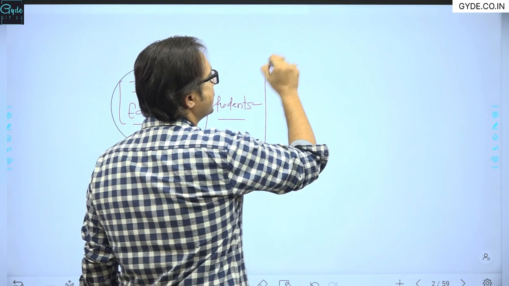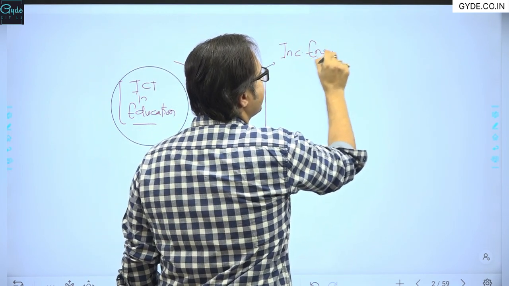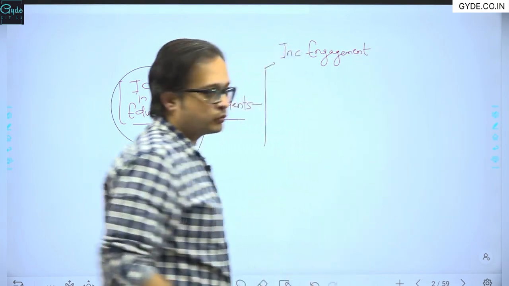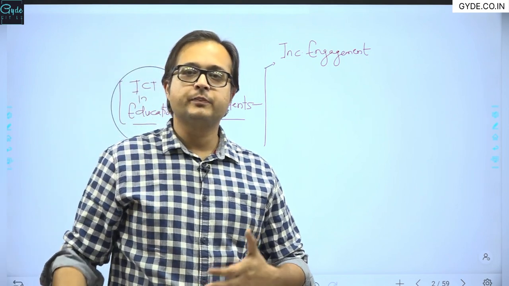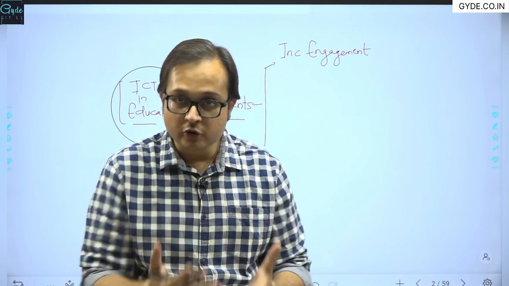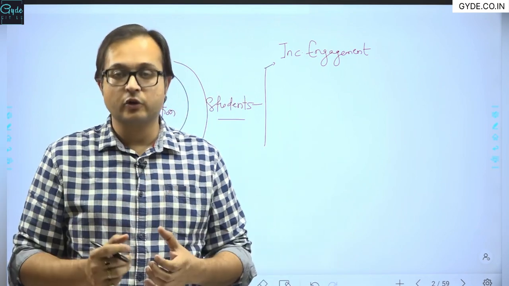Number 1, it would increase the engagement of the student, right? When the engagement of the student is increased, obviously there could be multiple modes through which a particular thing can be delivered to a student. So different students with different IQ may be able to understand it also, right?